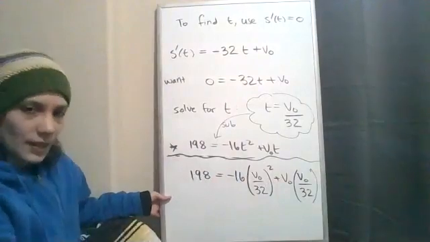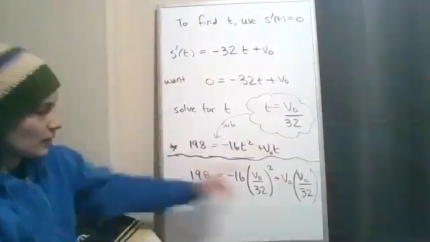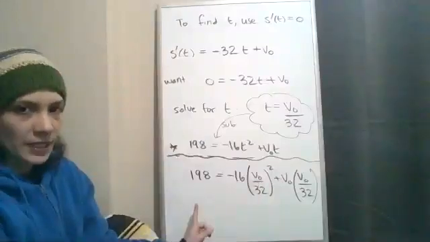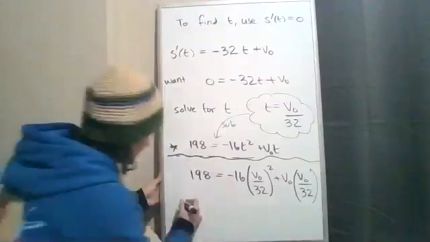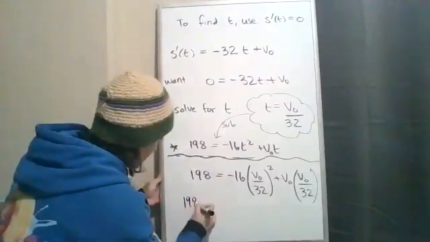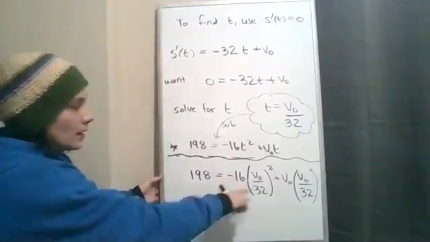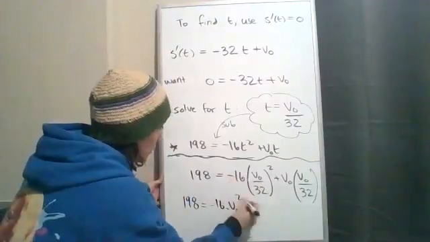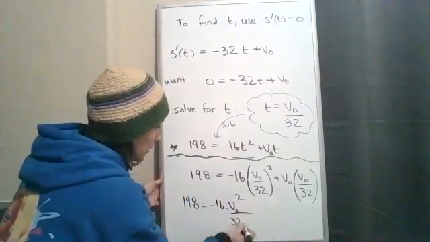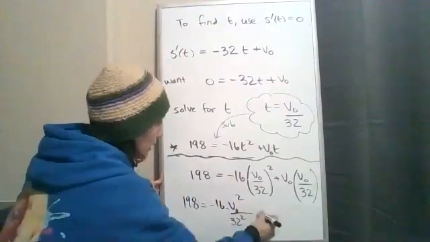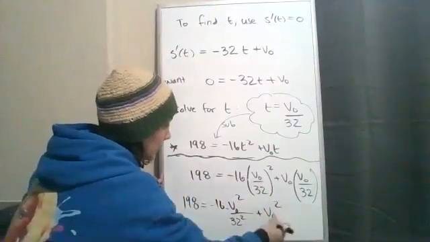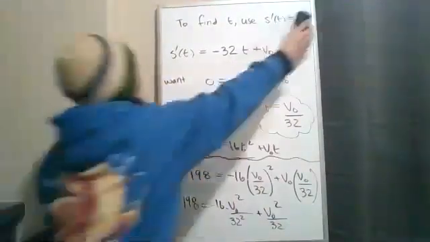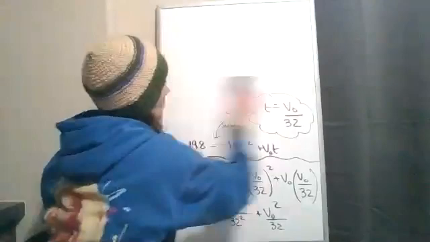So we're just working through until we isolate V naught. So 198 equal to negative 16 times V naught squared over 32 squared add V naught squared over 32. Okay, get this clean.